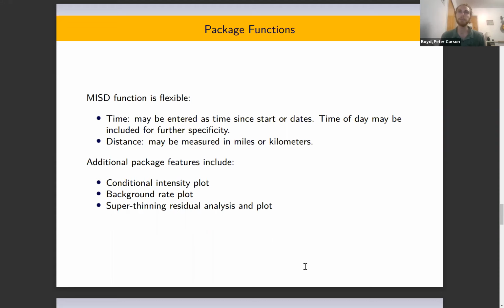And things like distance can be measured in something like miles or kilometers. Aside from what I've displayed here, we could also plot the conditional intensity over time, or plot the background rate over space as a heat map. We can also perform a residual method called superthinning, which we can also visualize. All of these functions, along with some others, are available within the nphawkes package.